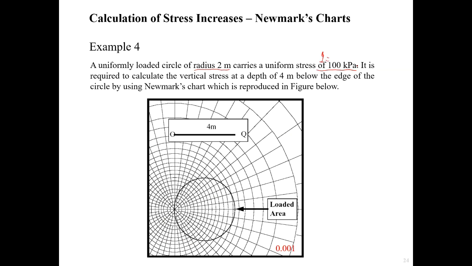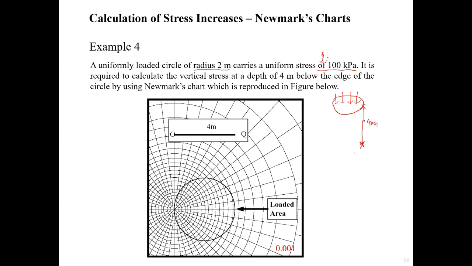We need to calculate the vertical stress at 4 meters below the edge of the circle. Its diameter is 4 meters, radius 2 meters. So if the edge is here, that's the 4 meters.